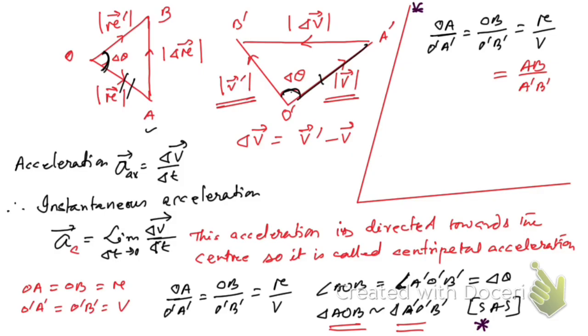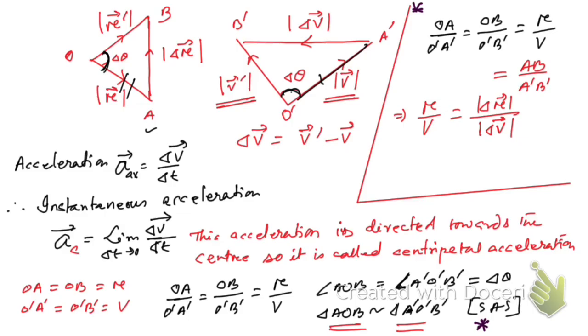So now what we can write is R by V is equal to AB by A dash B dash. AB is the magnitude of the displacement vector del R, and A dash B dash is the change in velocity, the magnitude of del V vector.